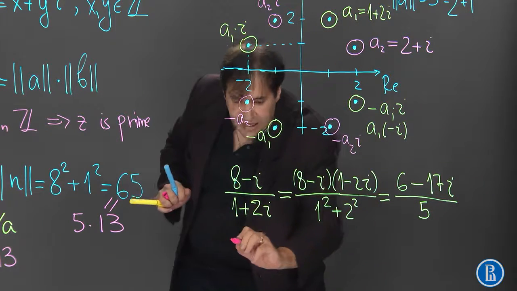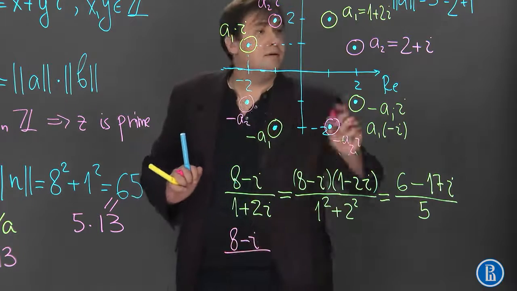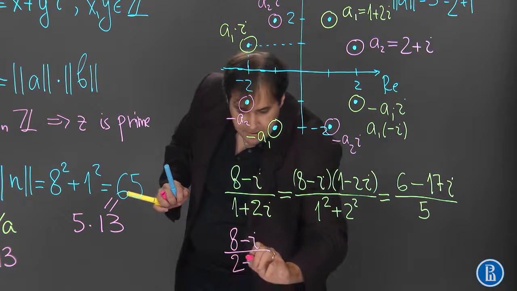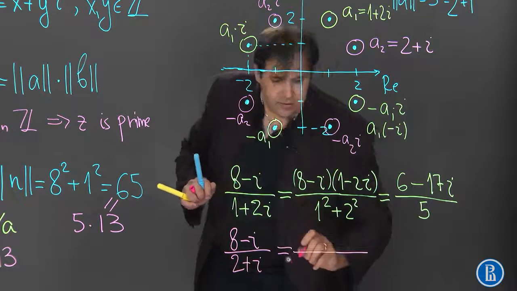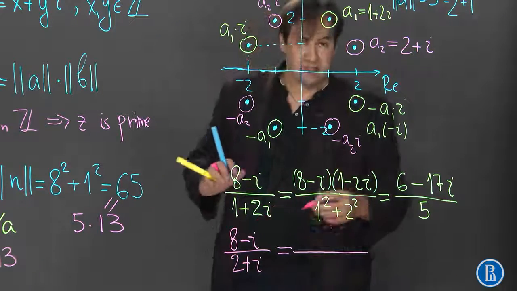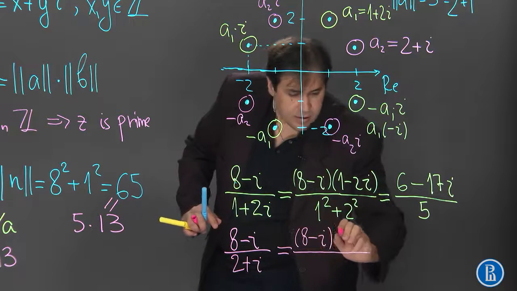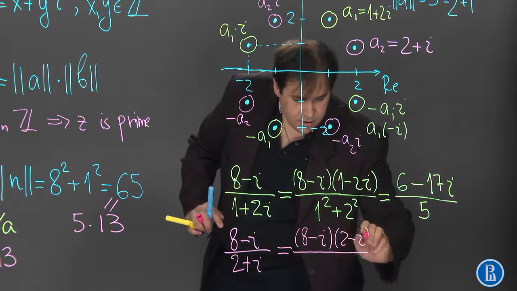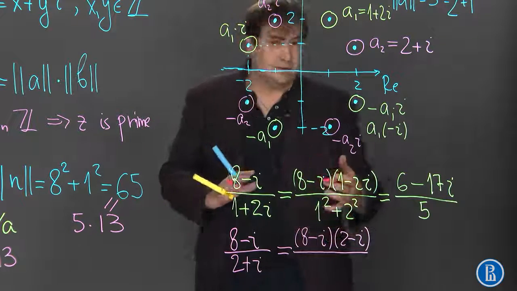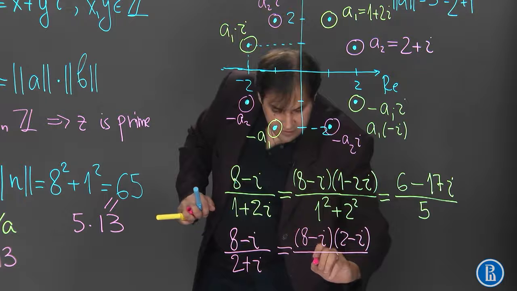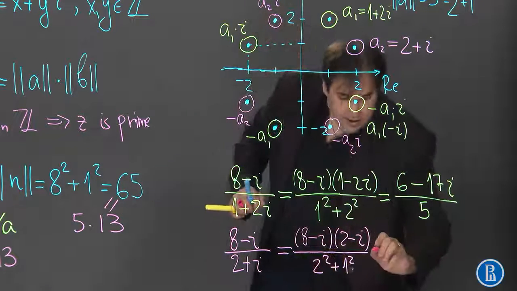Second case, 8 minus i, we should divide by 2 plus i. And we use the same, of course, standard algorithm for dividing one complex number by another. And here in the denominator, we once again get 5, 2 squared plus 1 squared.